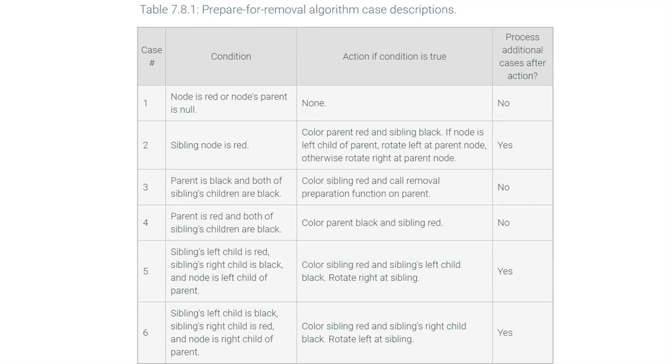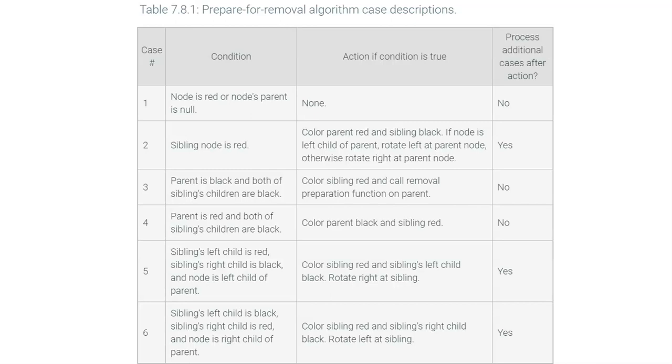If we call the red-black tree prepare for removal function, we then have to follow the 6 cases listed on the screen right now. Following the cases in this order from 1 to 6, in case 1, if the node is red or the node's parent is null, we don't do anything and return.